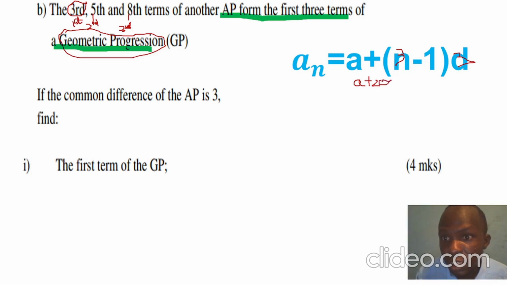That is the first term, which is the third term of the AP. For the second term, we're just going to substitute 5 here. So A plus 5 minus 1 is 4, so A plus 4D. And you're going to do the same for the 8th term, which is going to be A plus 7D. Now let us go to the solution.